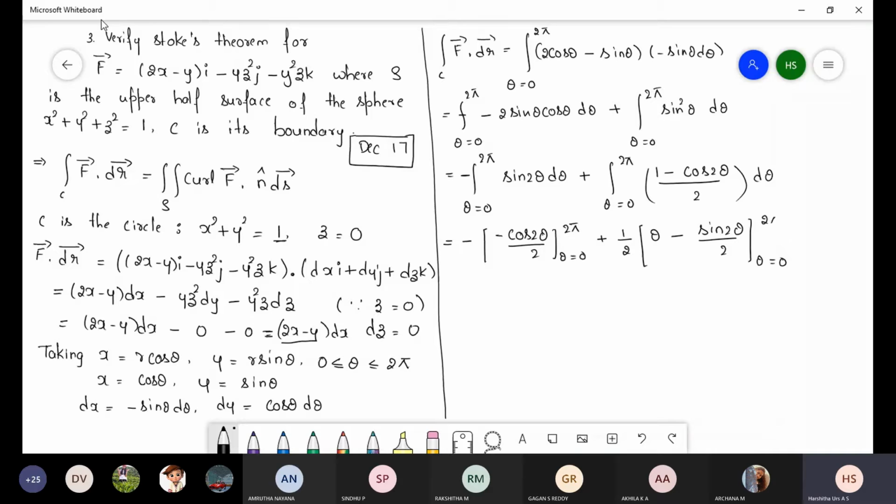Now minus into minus is plus. I will write 1 by 2 outside: cos 4 pi minus cos 0.